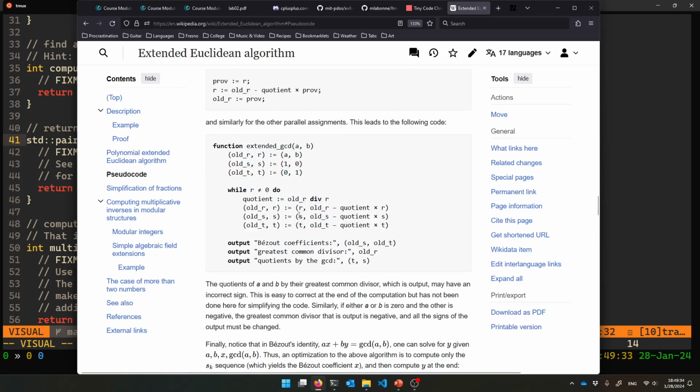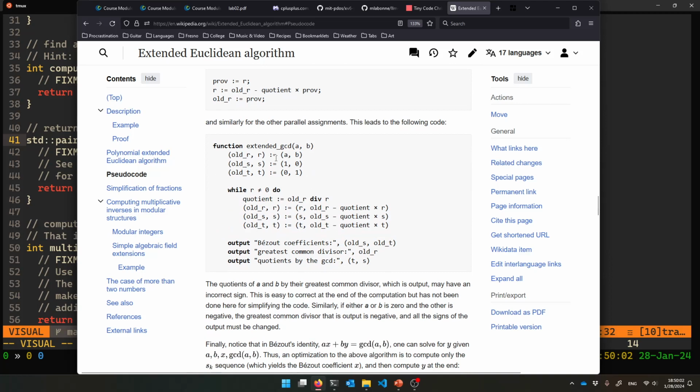I think either one is fine, but what you're going to give back are these coefficients, these Bezout coefficients. That's the equivalent of saying you've calculated those things for the GCD. So that's the sentence saying that. You're going to return at the very end old S and old T, that pair. That's what you're going to be computing.